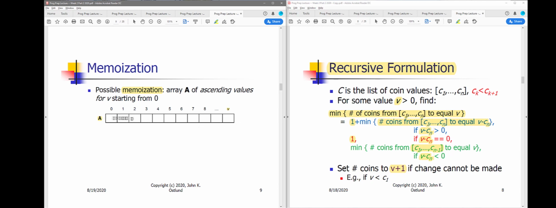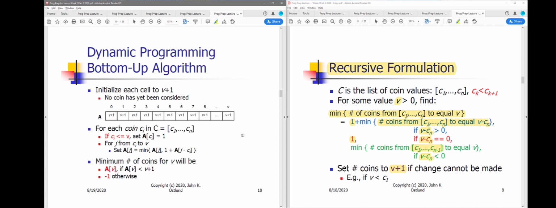And we're going to be able to build up the minimum number of coins that we need for each of these values, starting from the value 0. Now, initially, as I said, we're going to set each one of these cells to v plus 1, whatever v is, since it's not possible to require v plus 1 coins. That will give us a starting position, and we will try to reduce that value for each one of the possible values up to and including v.